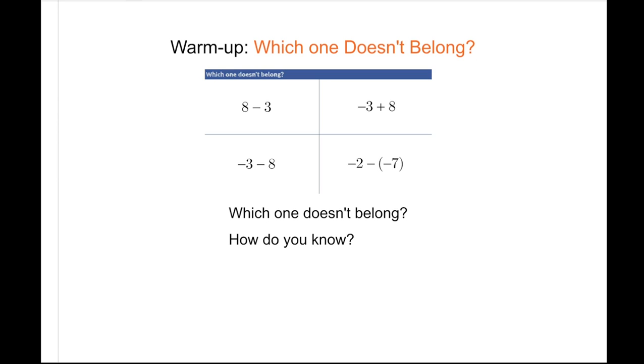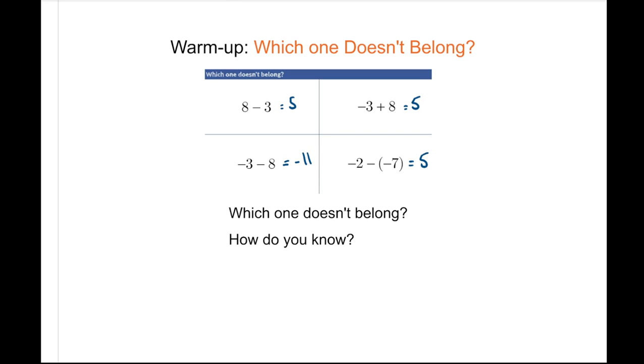So 8 minus 3 is 5. Negative 3 plus 8 is 5. Negative 3 minus 8 is negative 11. And negative 2 minus negative 7 equals 5.